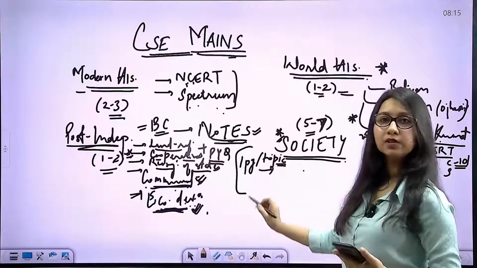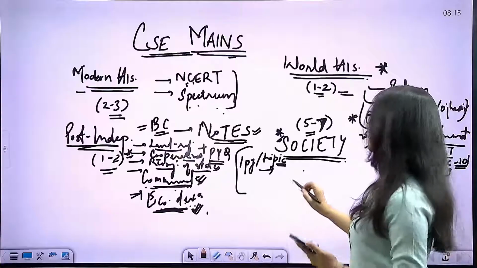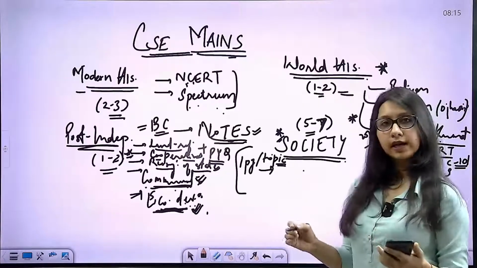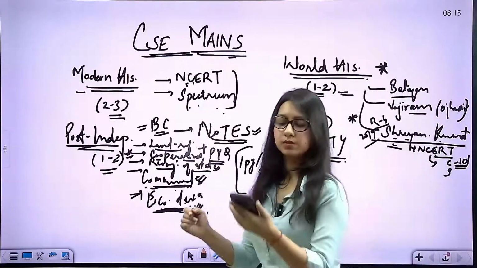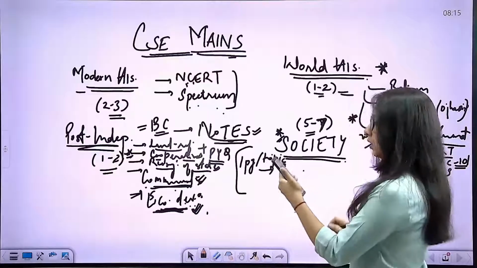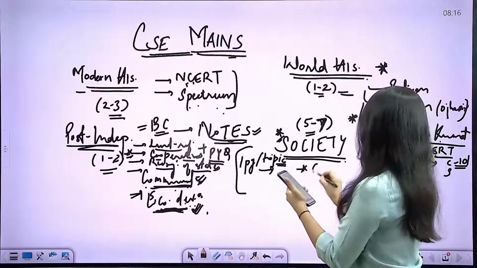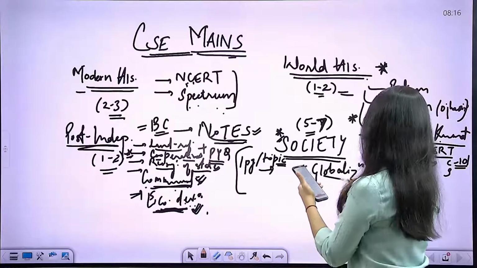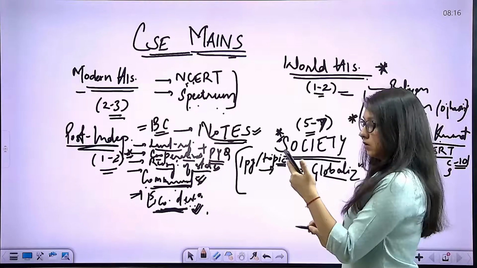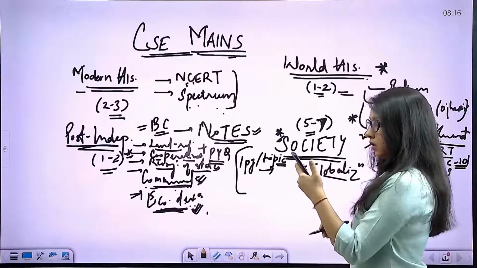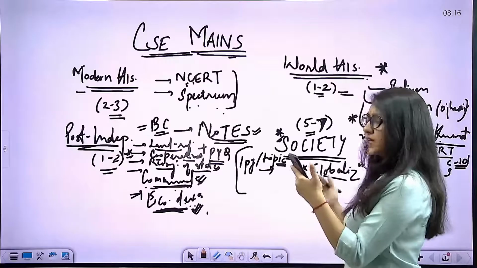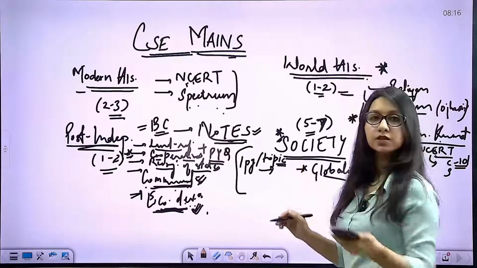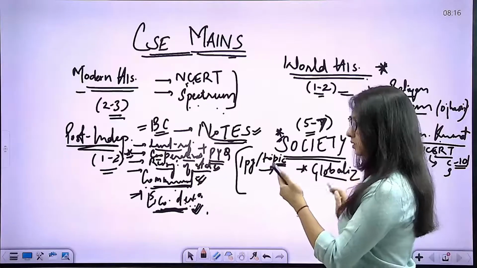So you see the previous year questions, then you see the syllabus, and then you have to analyze how they are asking questions from the syllabus. The first topic here is not globalization. The first topic is salient features of Indian society, diversity of India, which is quite a general term.